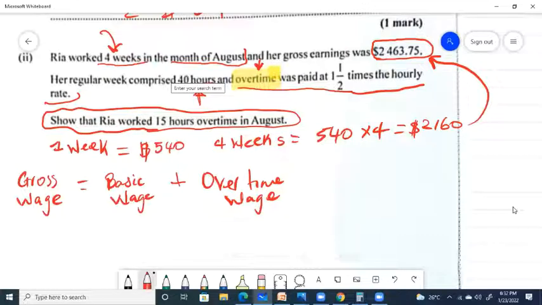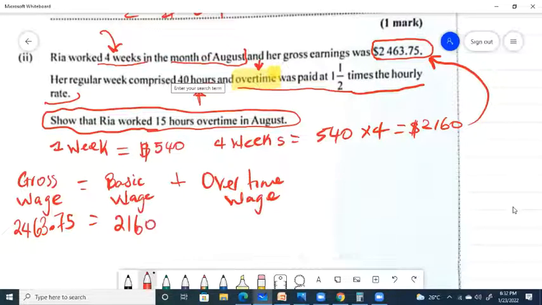So what we're saying here, let us do a quick substitution because I'm not rushing. We're talking about the gross, which was 2,463.75, see it up there. That's what she would have made overall. Her basic money for that time is 2,160.